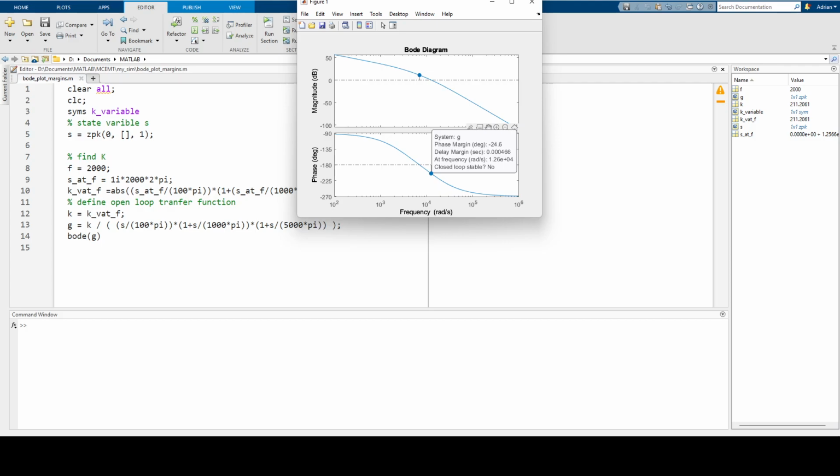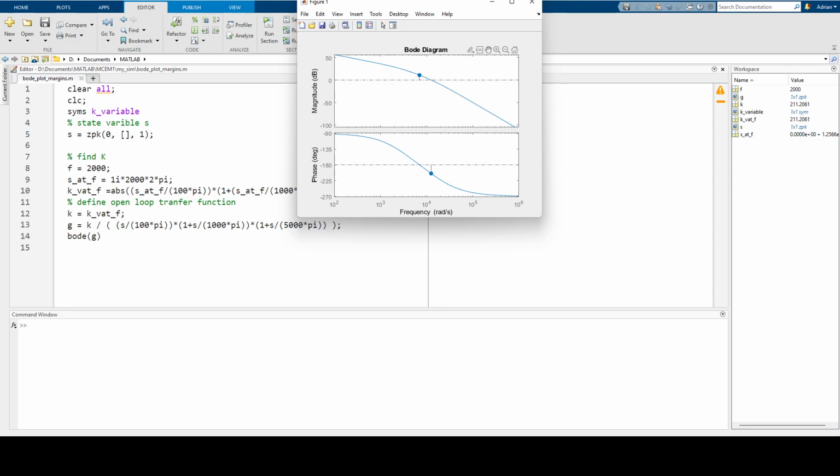Here we can see that we have our angle of minus 24.6, and around here we are also going to get our frequency, we have 4000 pi, that's around 12.5 kilo radians per second.